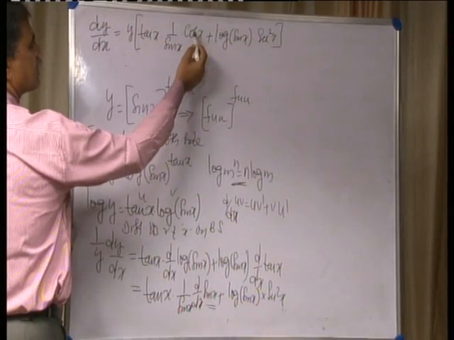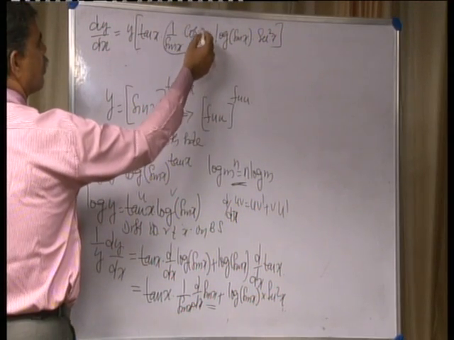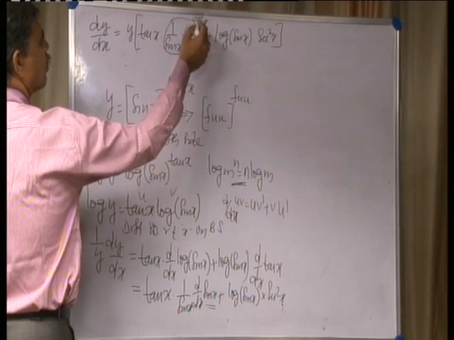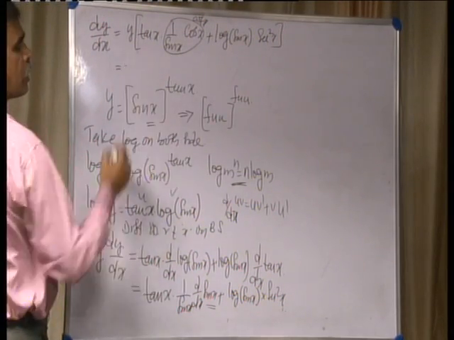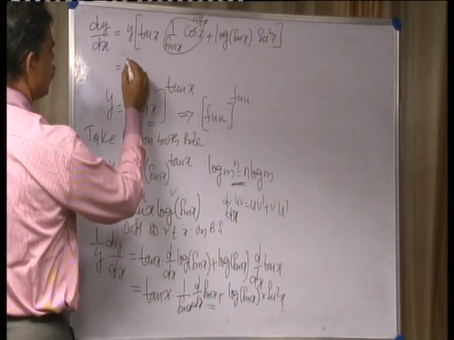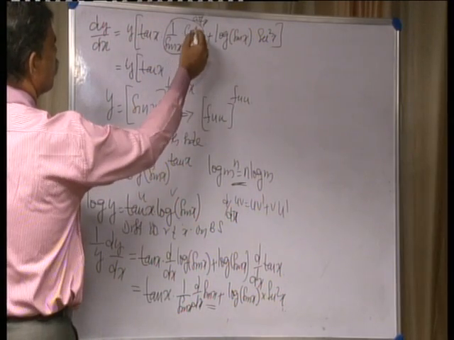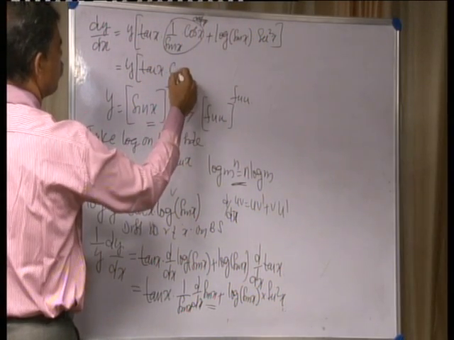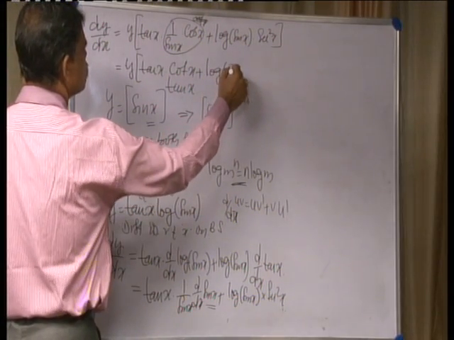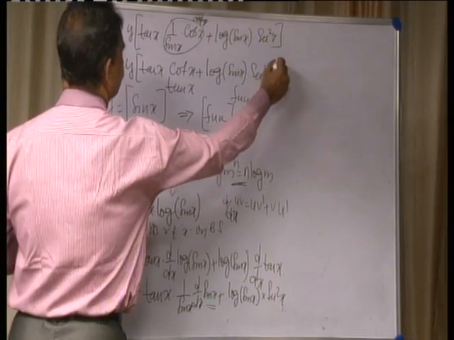What is cos x by sin x? Cos x by sin x can be taken as cot x. Tan into cot is 1. Therefore, it can be taken as y is equal to tan x into cos x divided by sin x is cot x plus log of sin x into secant square x.